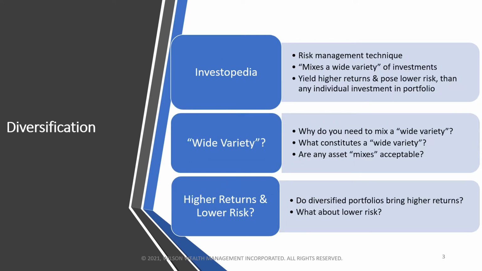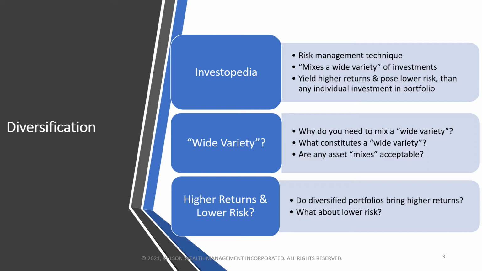If I look at our good friends at Investopedia, and Investopedia does a good job, lots of very good information on there. Their definition of diversification is that it's a risk management strategy that mixes a wide variety of investments within a portfolio.